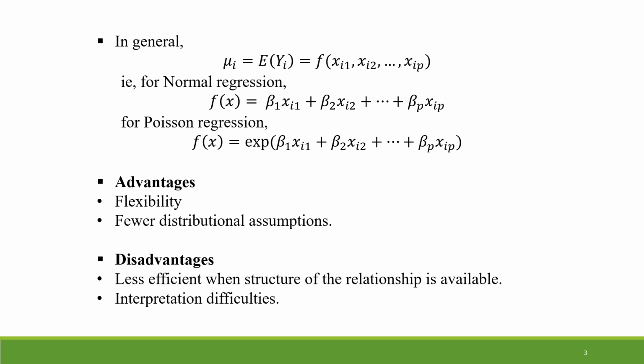Since non-parametric regression does not consider the distribution of the data, it is less possible to make mistakes that result in bias. The disadvantages are, if we have any idea about the data like the degree of data, non-parametric regression is less efficient, and also there are some interpretation difficulties.